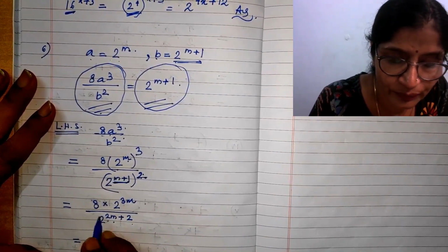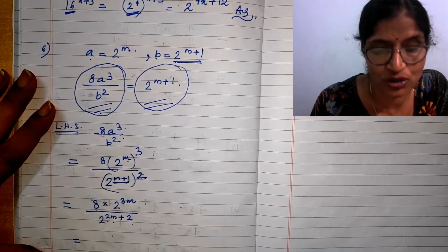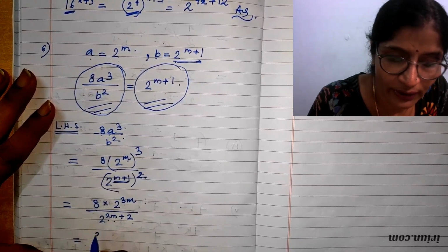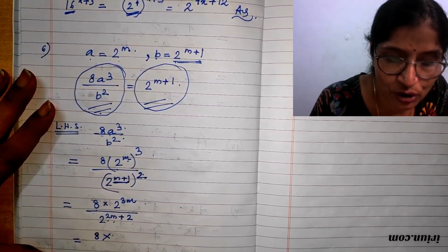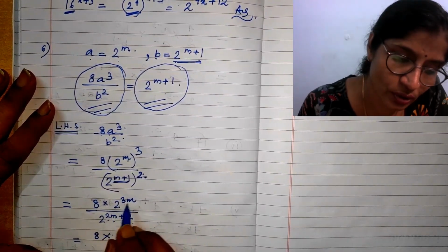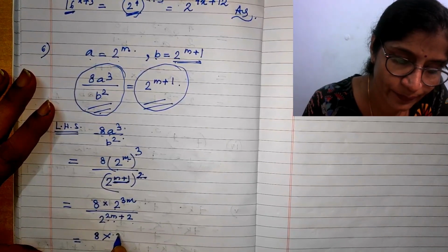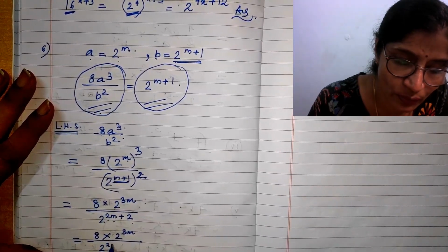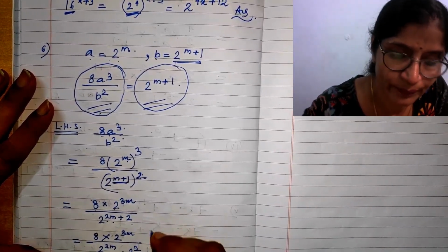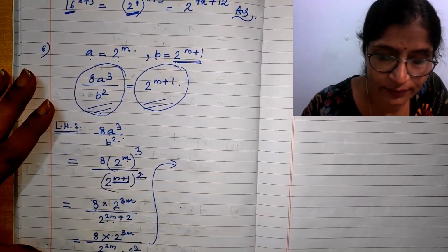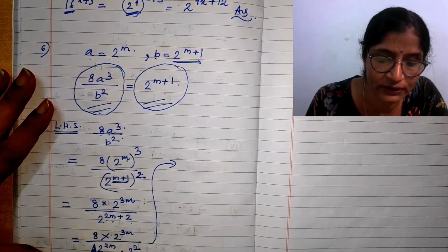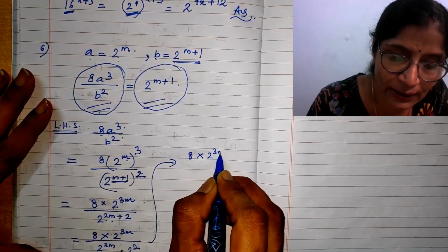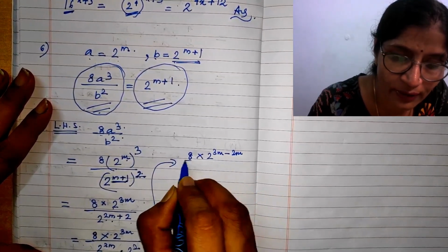That is equal to, now this 8 is 2 to the power, okay, leave it as 8. 8 into 2 to the power 3m divided by 2 to the power 2m into 2 square. Okay. Next is that this is 2 to the power 2 and this is 8. So 8 into 2 to the power 3m minus 2m divided by 4.